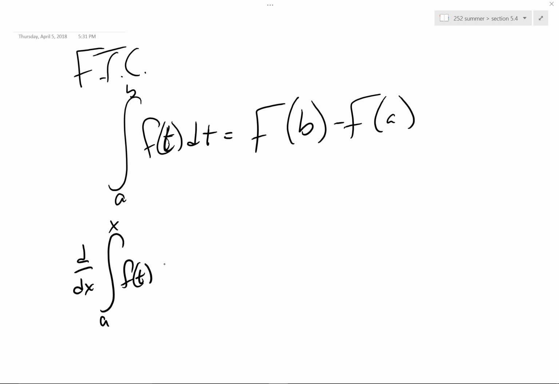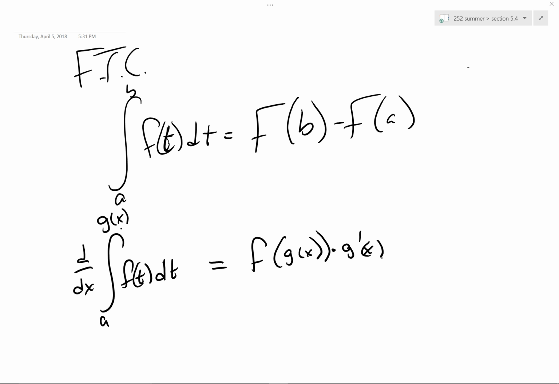Part two is this piece right here. Okay? And what a person can actually do, and what I think your book actually shows up here, is let's call this a function of x. And let's maybe not make it f, because that'll freak everybody out. So let's do this. So these guys, the integral and the derivative, cancel out, and so I'm left with f of g of x times g prime of x.